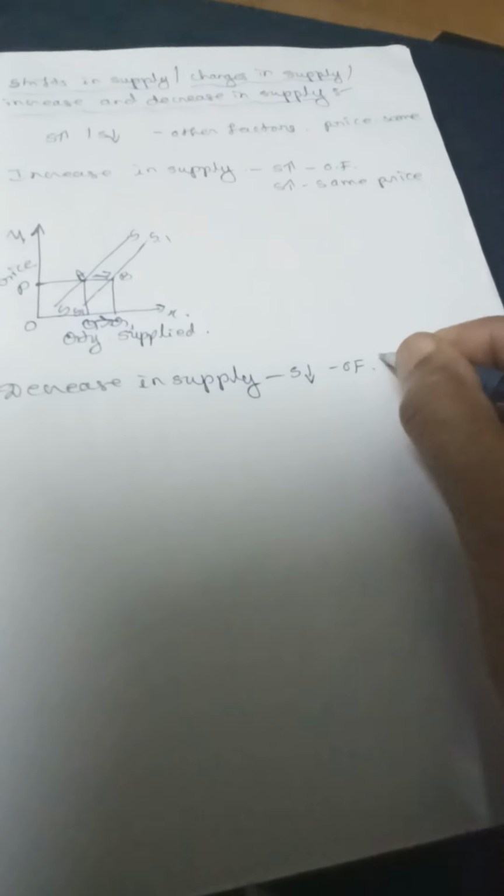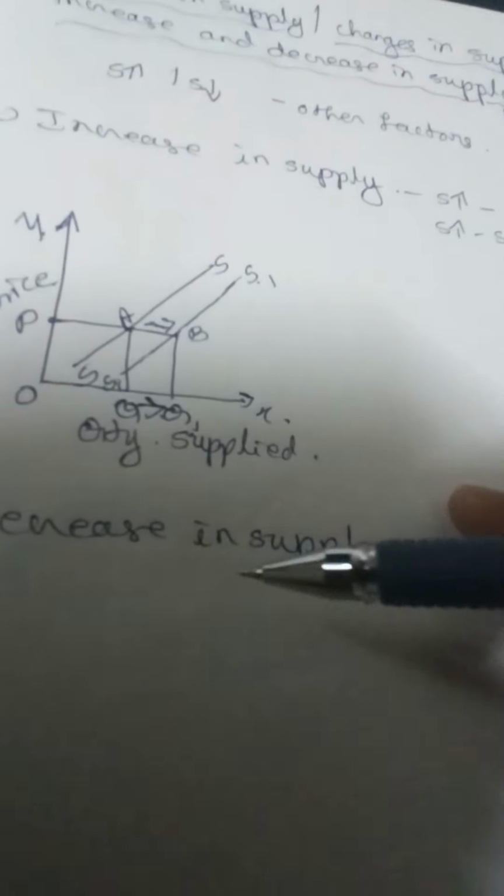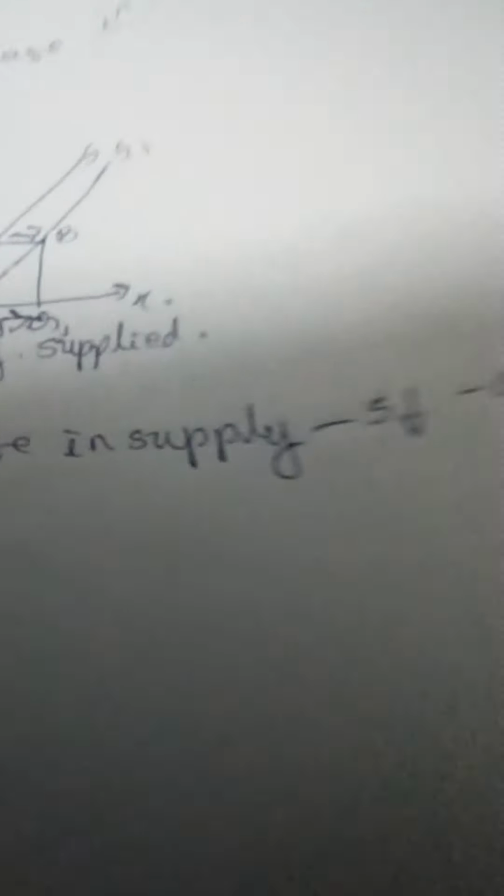Price of the product is the same, still the supply decreases, and that is called decrease in supply. It causes a backward shift in the supply curve. In increase in supply there was a forward shift, and in decrease in supply, there is a backward shift in the supply curve.